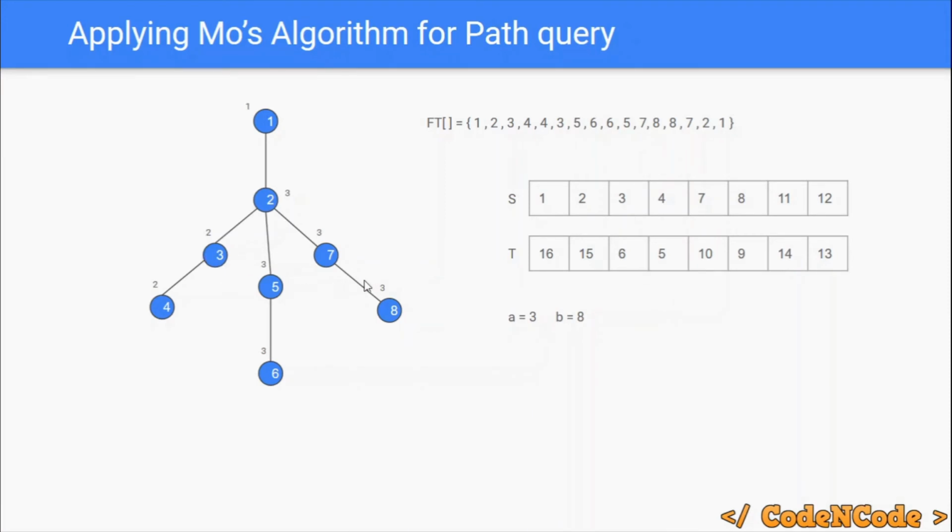And we know that in the second type of query, on the path from A to B, none of the nodes in the subtree of A would actually contribute to the path, right?